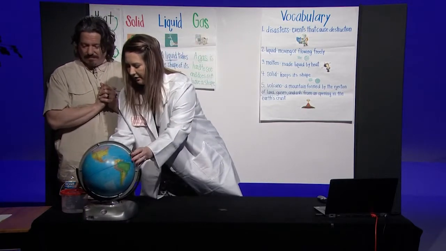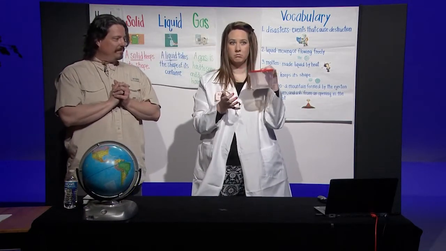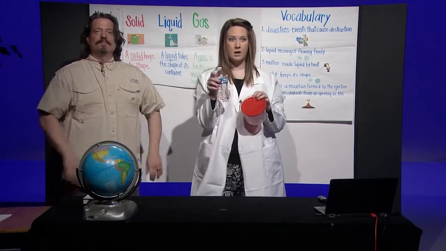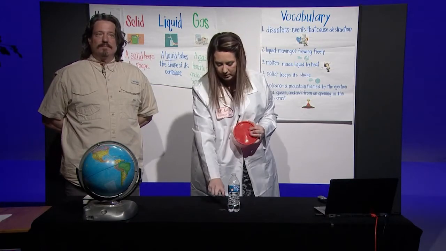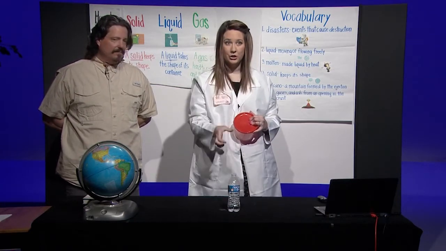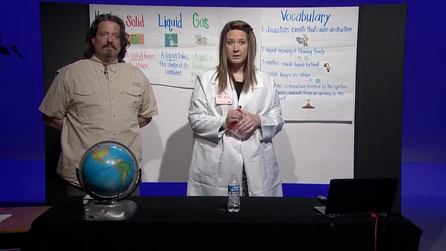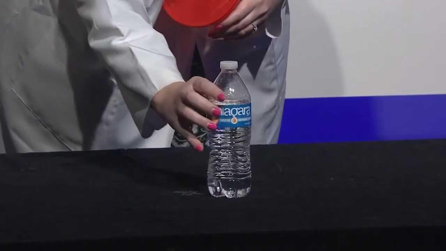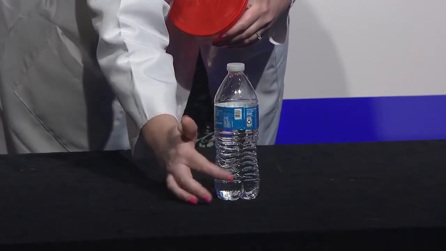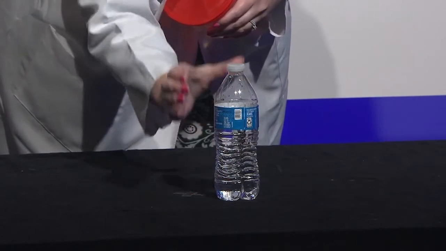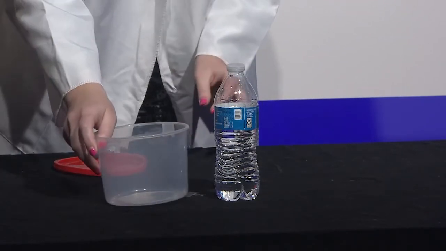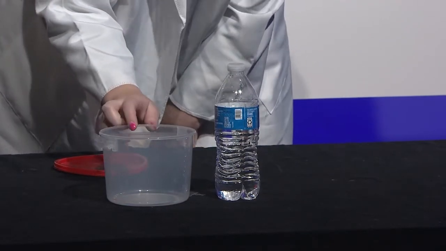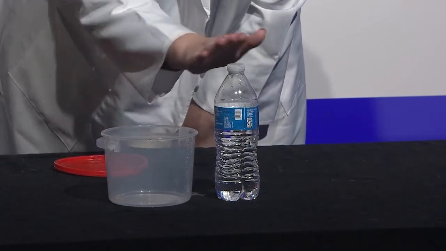Okay, our next activity we're going to do is I have a small clear container and I have some water. As you can see, the water is already in the container. And if you look closely, you can see that it's in a cylinder-shaped form at this very moment because it's in its own container. But if I take a different type of container, as you can see here, this container is a completely different shape than this one.